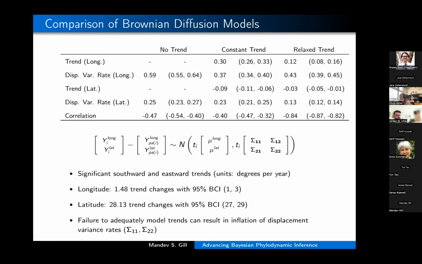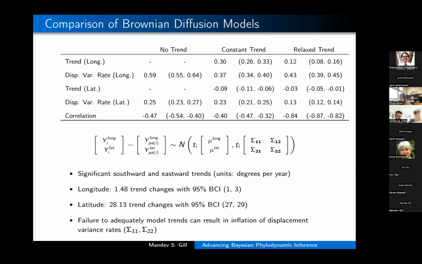So if you look at the second row of the table, notice how much the displacement variance rate for the longitude is reduced, going from a model with no trend to one with a constant trend. And if you look at the fourth row of the table, notice how much displacement variance rate for the latitude is reduced when we go from a model with a constant trend to one with a relaxed trend.